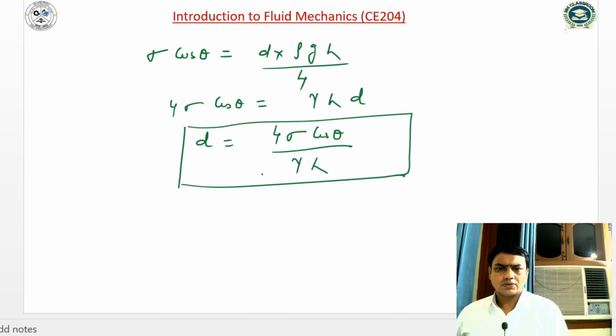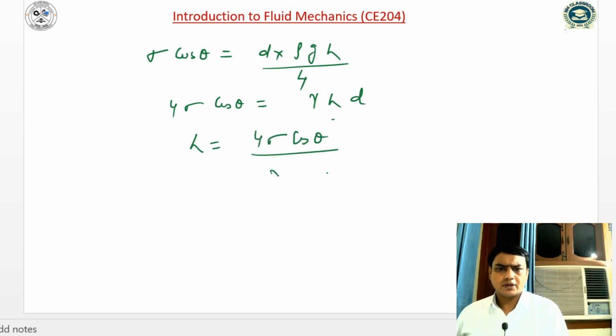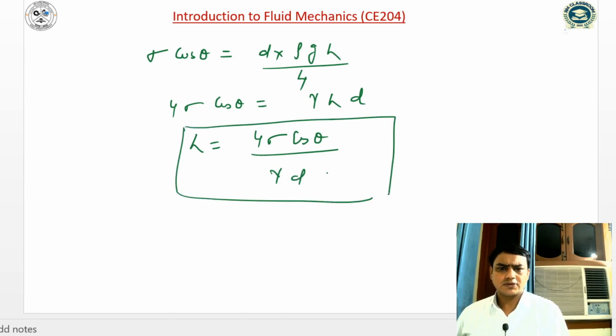Here we have to find the expression of h. So h is equal to 4 sigma cos theta divided by gamma into d. So this is the expression of capillary rise.